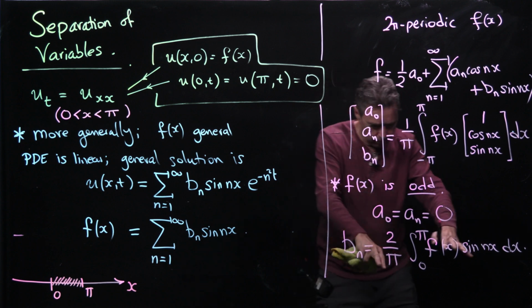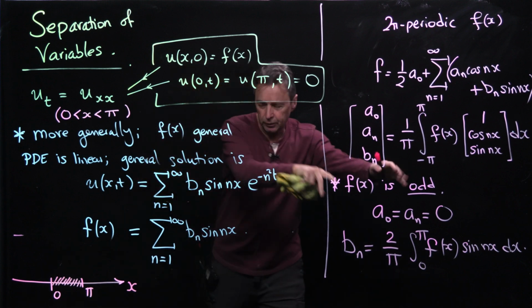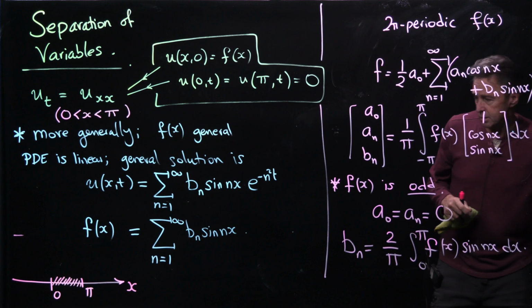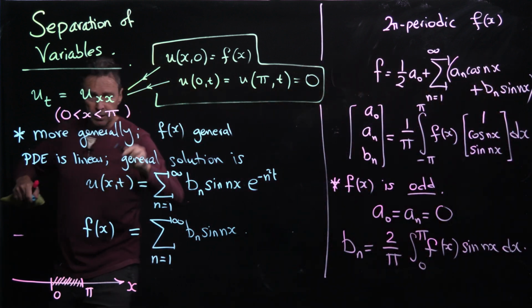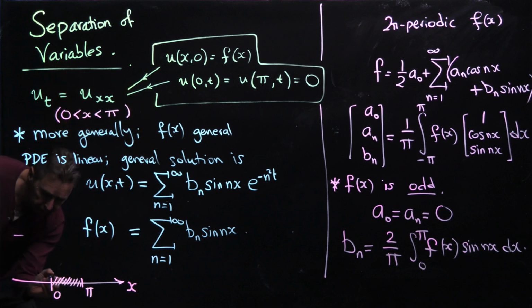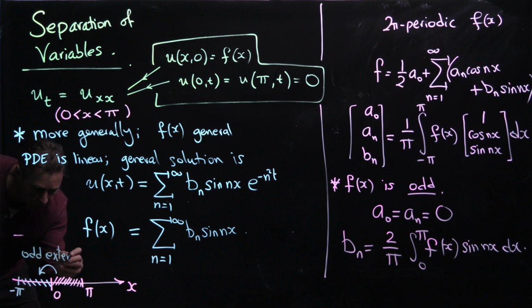This is an odd 2 pi periodic function, so how can I get these two things to be the same? Well, the first thing I'm going to do is say, okay, let's extend the functions here, the f and the u. I'm going to extend them first to minus pi to 0. I'll make that extension first, and I'll demand that it's odd. So that's the first step.